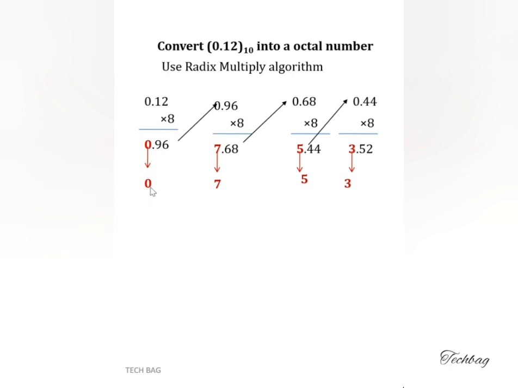This will give you the digit which is next to the radix point, right? So the answer is 0.0753. And don't forget to put these 3 dots because we have not found the exact value. We stopped here because it goes on. So don't forget to put this.